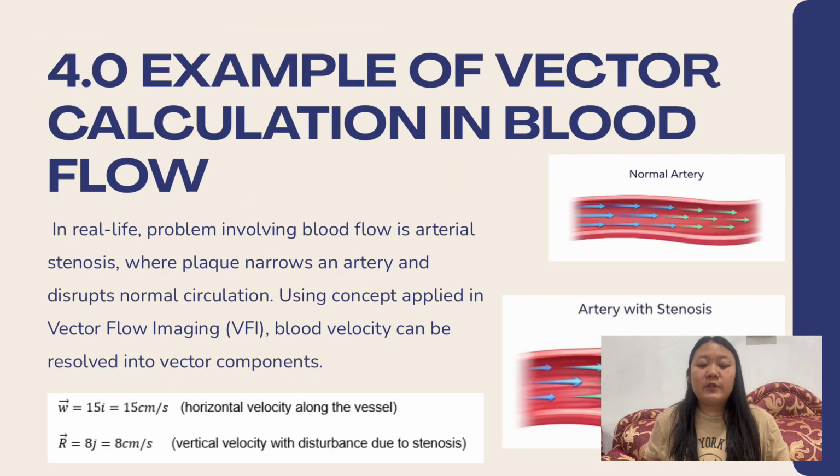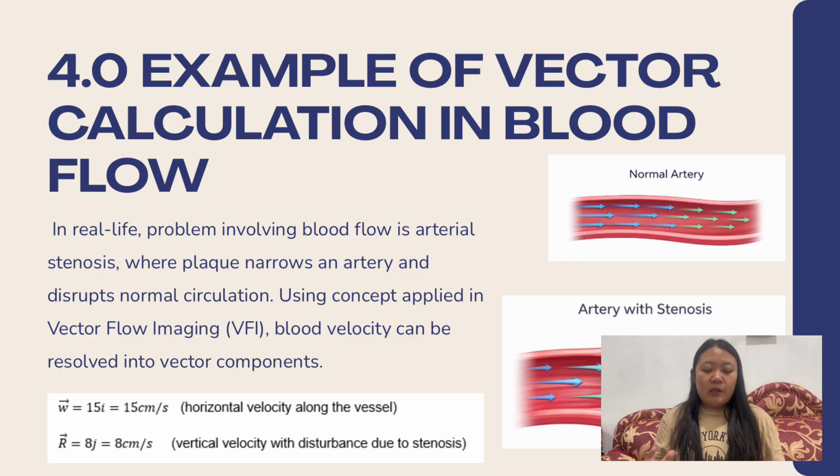For 4.0, example of vector calculation in blood flow, we can continue the real-life problem just now. We can study where plaque narrows an artery and disrupts normal circulation. Using the concept applied in VFI, blood velocity can be resolved into vector components, horizontal velocity and vertical velocity.